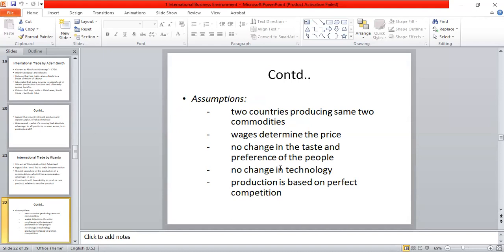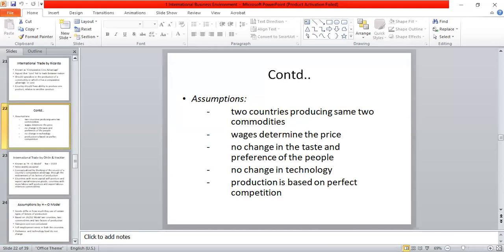In actual practice, it is not possible. Then production is based on perfect competition. So this was put up by Ricardo.